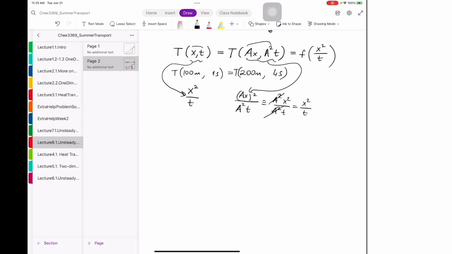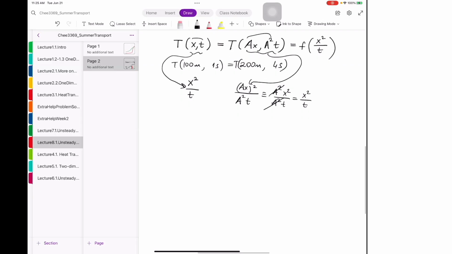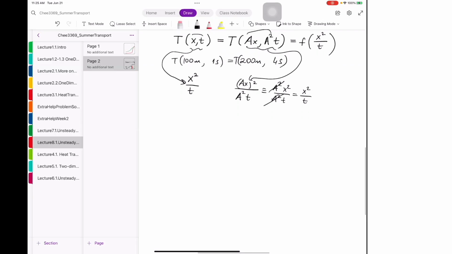Okay, so then what are we going to do? We're going to define a quantity which is called eta. I'm not going to define it as x squared over t, but something similar, which is x over 2 times the square root of alpha t, for reasons that are going to be clear.